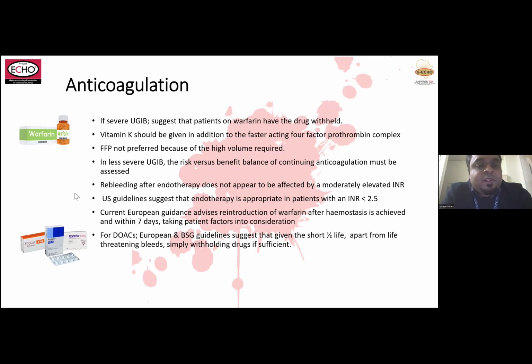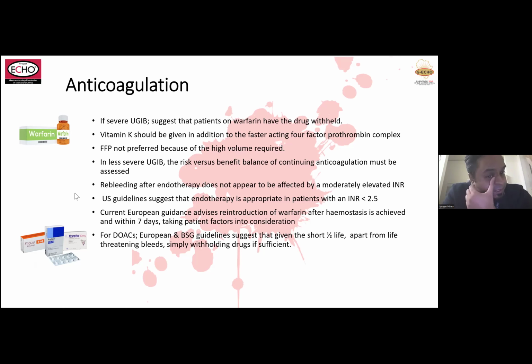US guidelines suggest that endotherapy is appropriate for patients with an INR of less than 2.5. So we aim to correct the INR to below 2.5 before we would intervene.